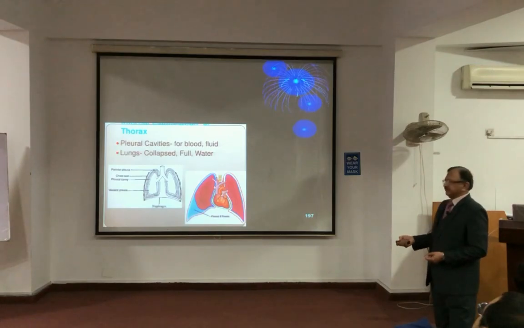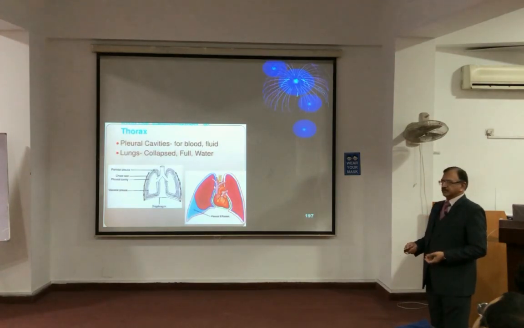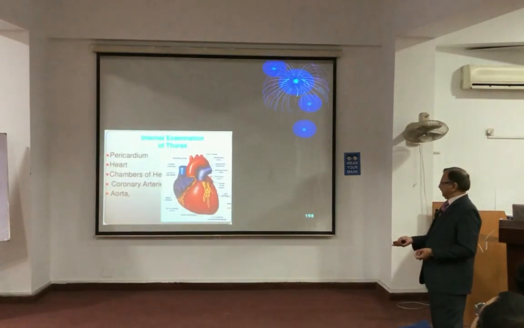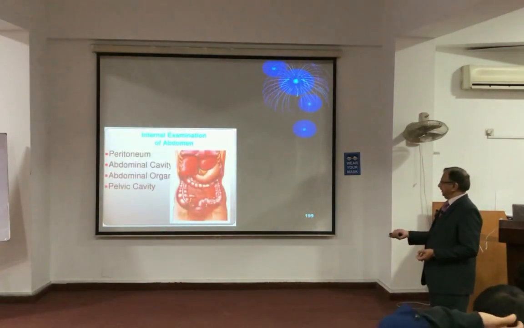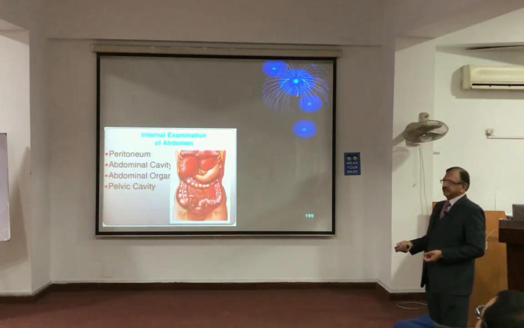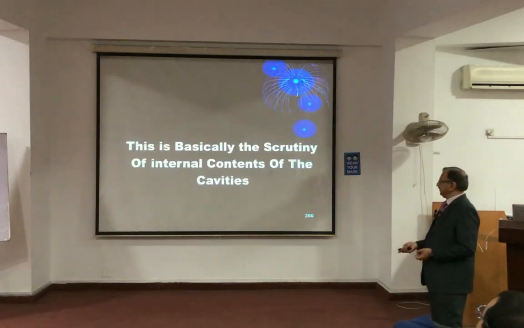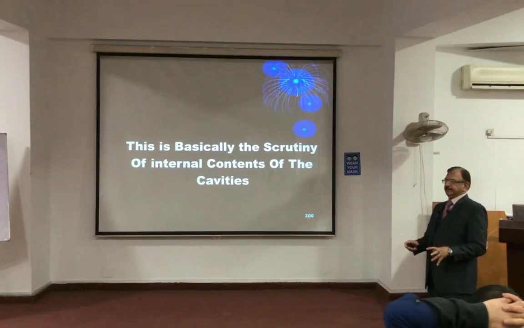Either there will be a collection of blood, fluid, or any other material that is examined and taken as a specimen. Similarly, you can examine the heart and the abdominal viscera. You will cut the peritoneum, enter into the abdominal cavity, and all the viscera are examined. So this is basically scrutiny of all the contents.